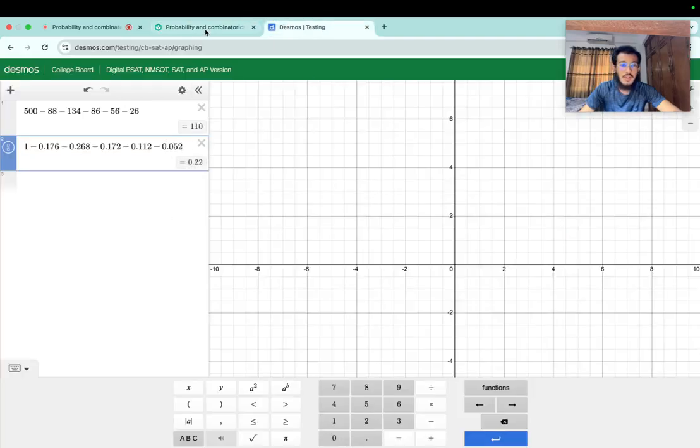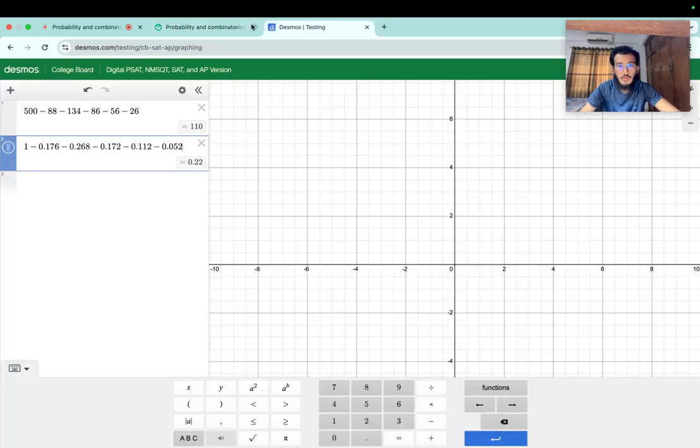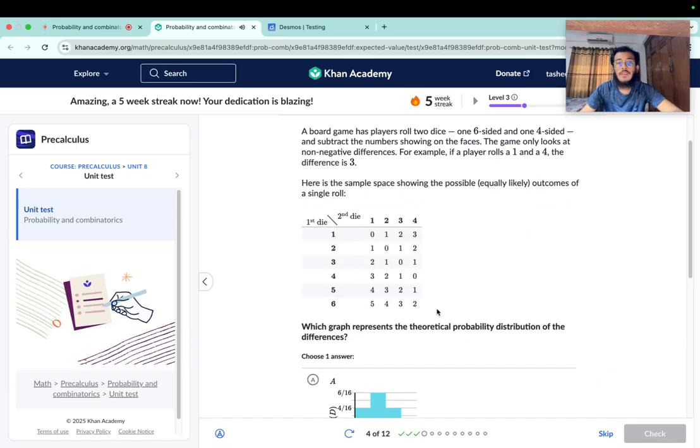So 110 and 0.22 should be our answer. 110, 0.22. All right, there we go.